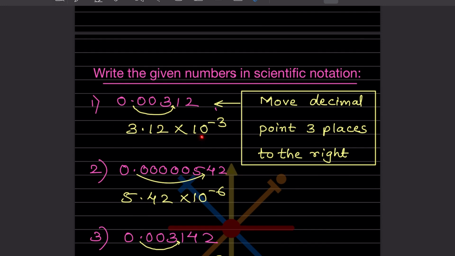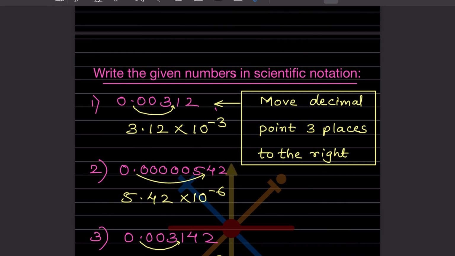So it should be 10 raised to minus 3. Whenever you write it this way, this is the standard form, the scientific notation form. Write the numbers in scientific notation. Now again, this is 542. Don't think about the zeros, it should be 5.42. So the decimal point should be shifted over here, 1, 2, 3, 4, 5, 6.